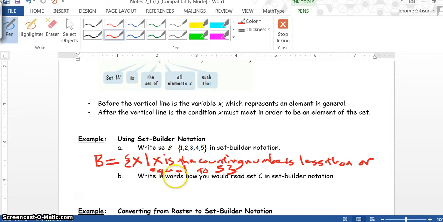Now with B, it says write in words how you would read set C in set builder notation.